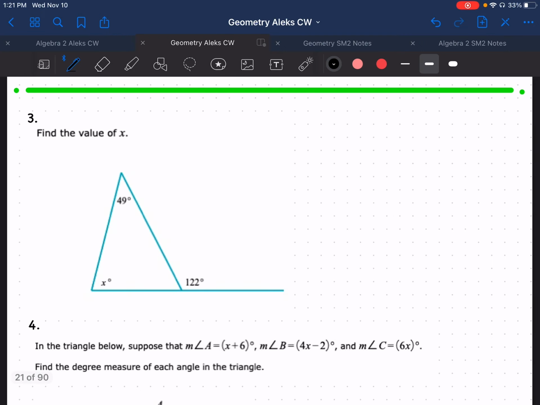All right, moving right along to question number 3, you are going to be asked to find the value of x. Remember, when you see the triangle where one of the sides has been extended, you need to mark the exterior angle. That's this angle right here. So make sure you mark it as the exterior angle.